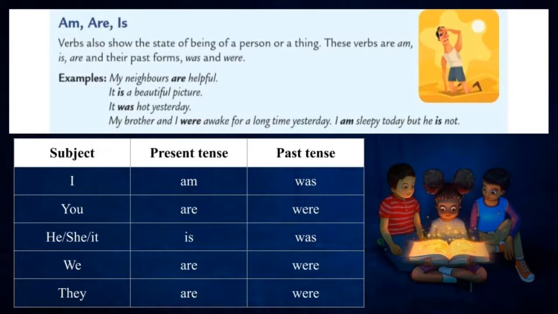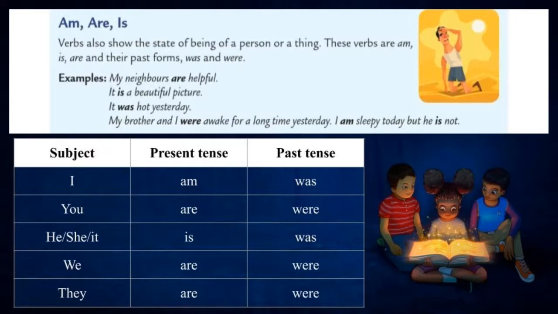Look at the tabular column here. Three columns are divided. One is subject column, another one is present tense column, and another one is past tense column. Look here, if we are using subject as I, we should use verb as am, and the past tense is was. If we are using subject as you, the present tense is are, and the past tense is were.